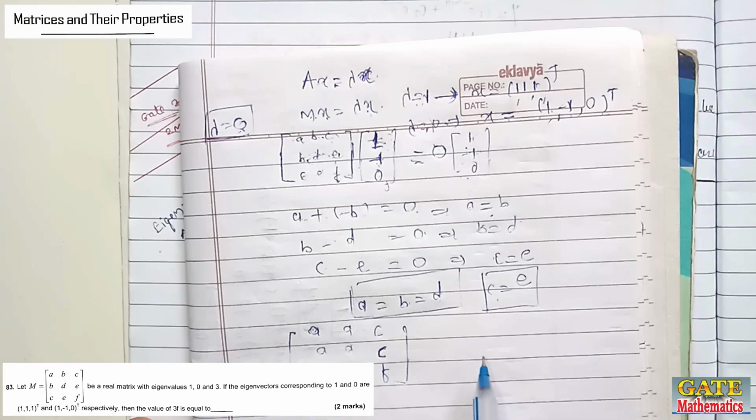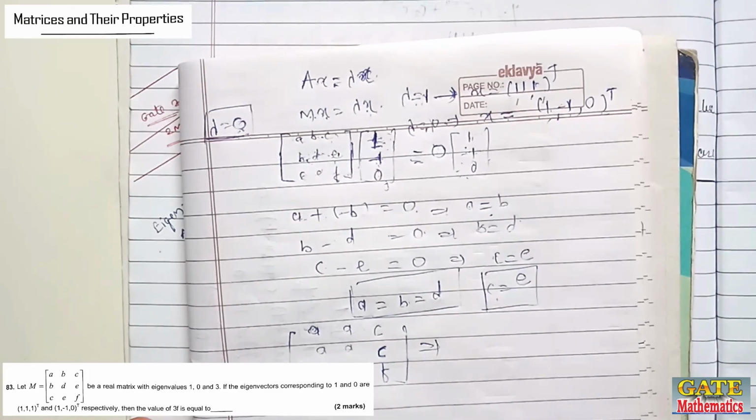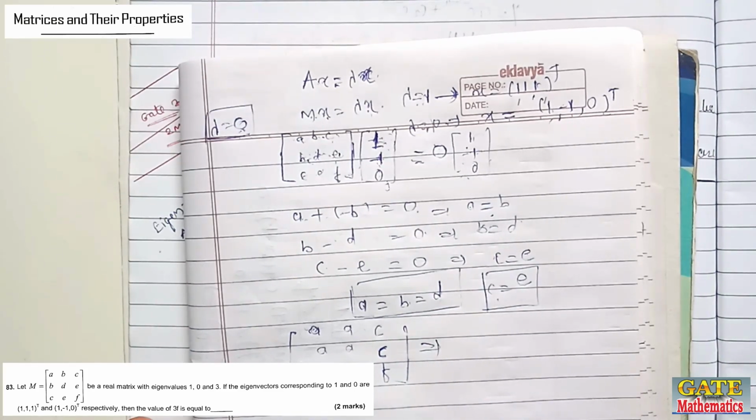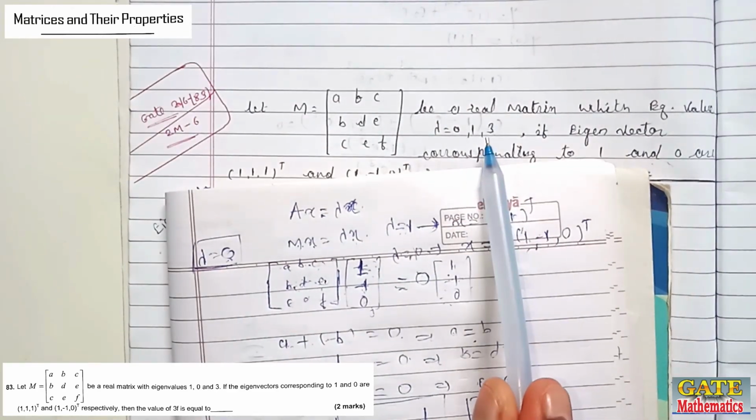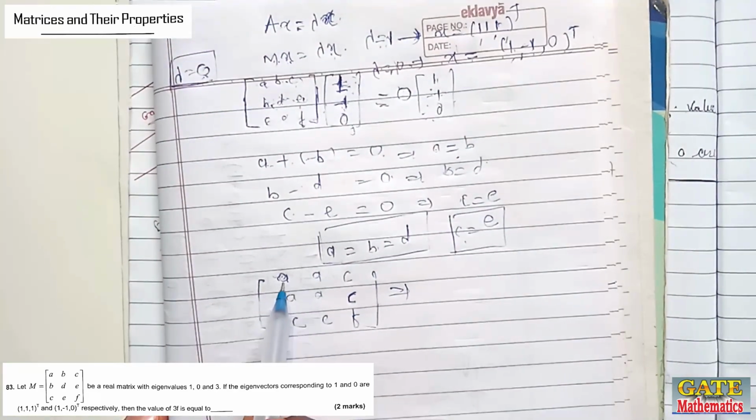Now, as we have been given the eigenvalues, we know that the sum of the eigenvalues is the trace of the matrix. So if we add the 3 eigenvalues 0, 1, 3, we'll get the trace of the matrix. What is the trace of the matrix?